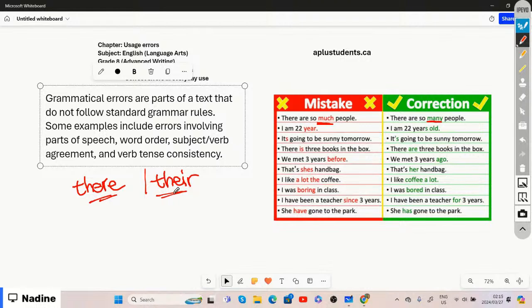But we can say I have been a teacher for 3 years, not since 3 years, because then it's like since I was 3 years old. Now we know, oh, so you have 3 years teaching experience. You've been teaching for 3 years.